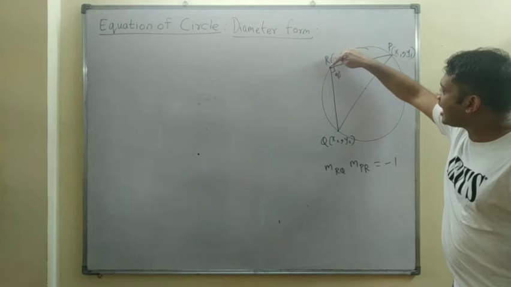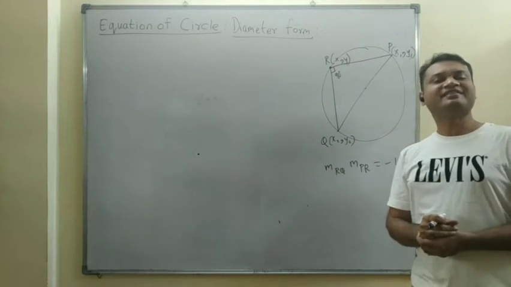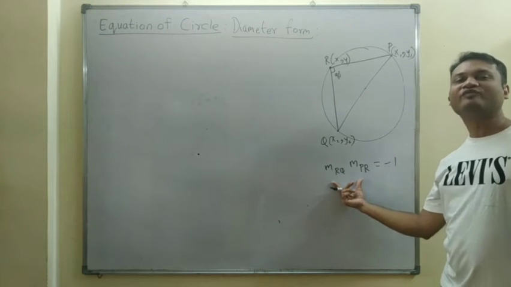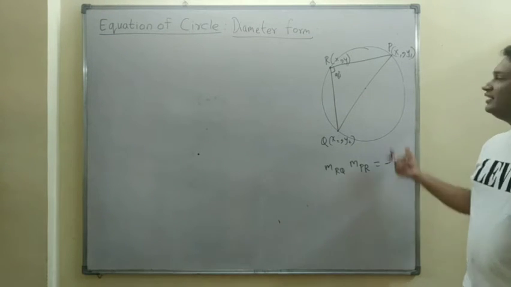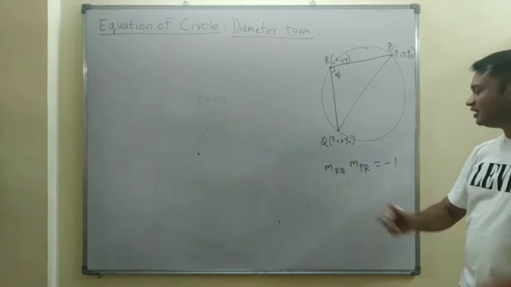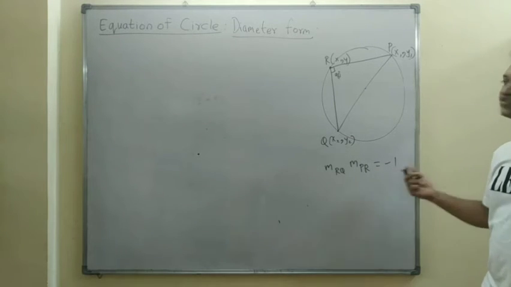We have studied this result in straight lines: if two lines are perpendicular, the product of their slopes is equal to −1. So these two lines, PR and RQ, are perpendicular.